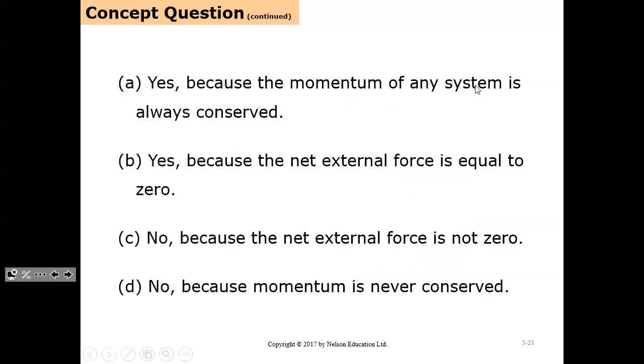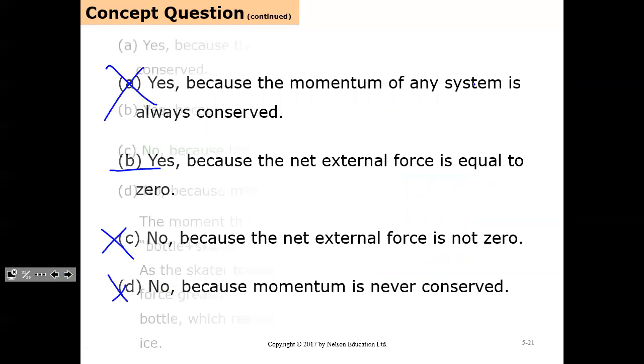Because the momentum of any system is always conserved, that is the wrong answer, right? You cannot say always any system is conserved. Yes, because the net external force is equal to zero, that is correct. Because yes is the correct answer. Okay, there is a variation of this problem, so I will not go to that.